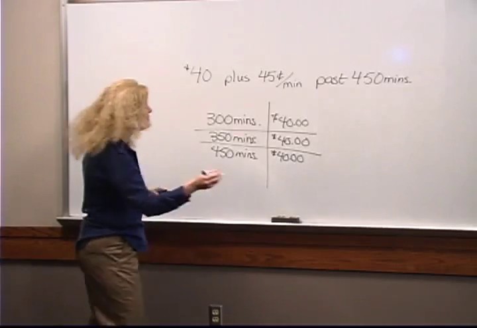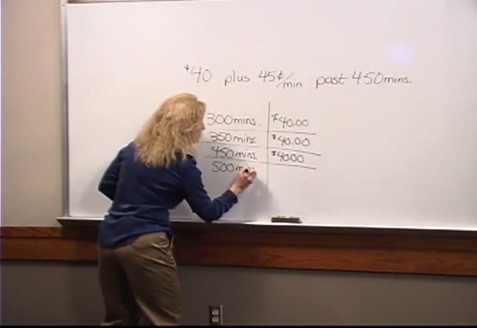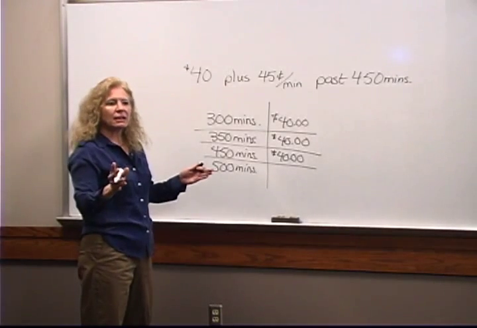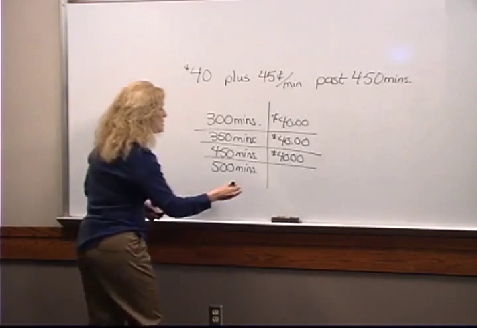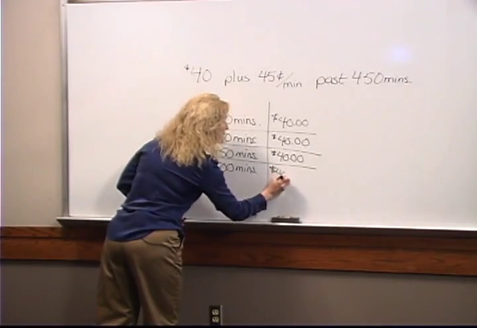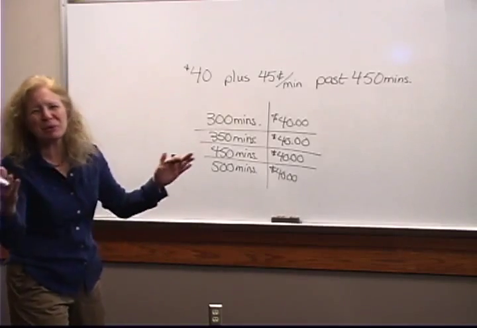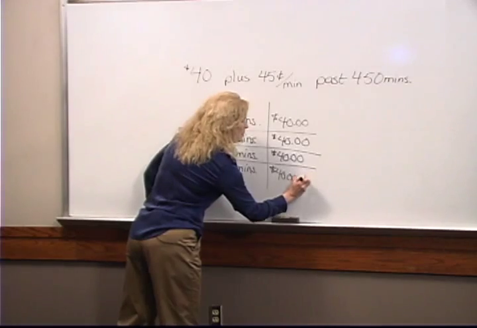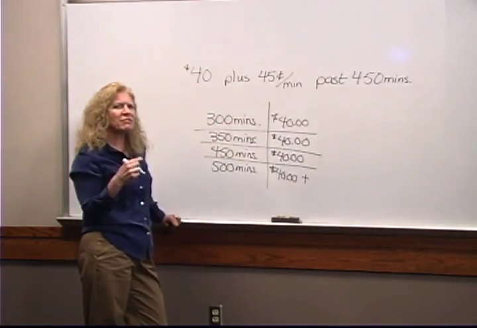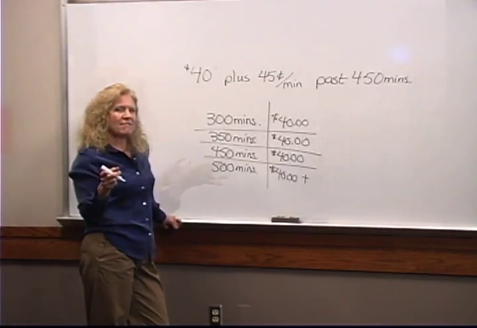Okay. Well, what if it's 500 minutes? We're going to pay 40 plus, right? Okay, so we're going to pay 40 bucks. That's just the flat monthly fee. Yeah, I know it's $39.99, but who wants to deal with a penny? All right, so 40 bucks plus, we have to pay for extra minutes, right? How many extra minutes do we have?